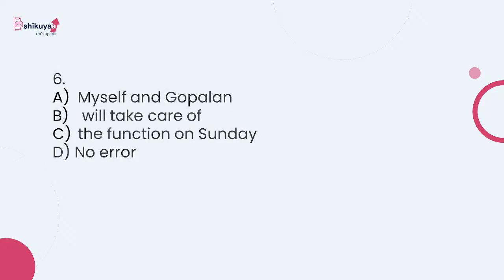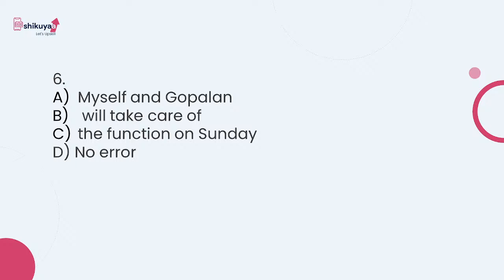It's a very interesting question. The sentence given here is again one sentence that has been divided into three parts. That sentence is, myself and Gopalan will take care of the function on Sunday. This is the sentence, so we have to identify where the error is.